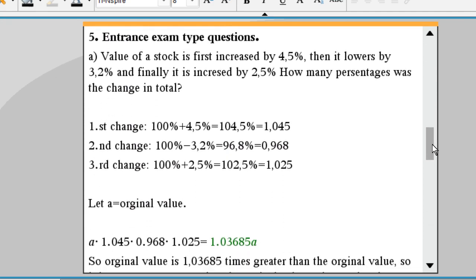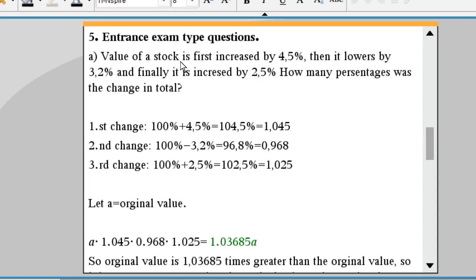Now these are the ones you could find in the exam type questions, and these are really typical percentage questions. Many would answer this wrong, not calculating these multipliers like I've done here.